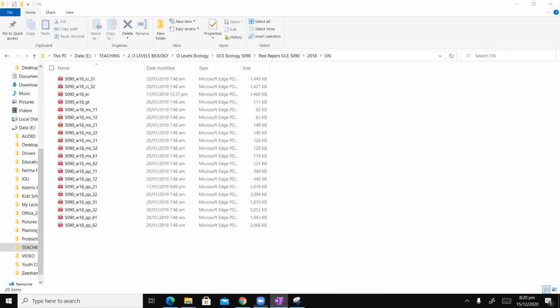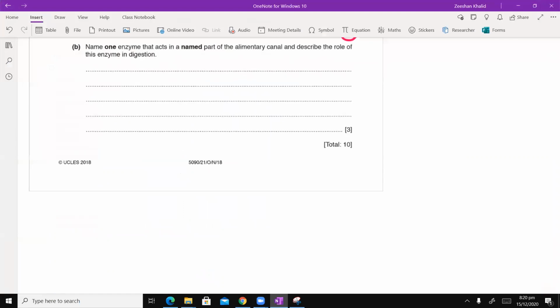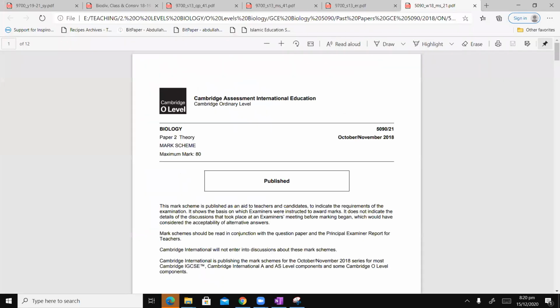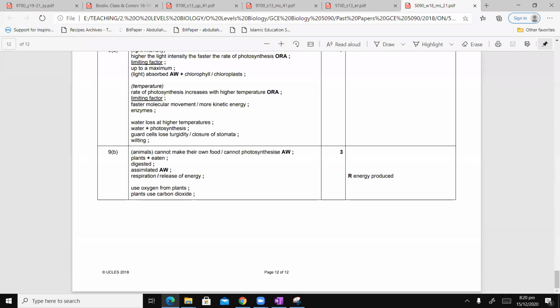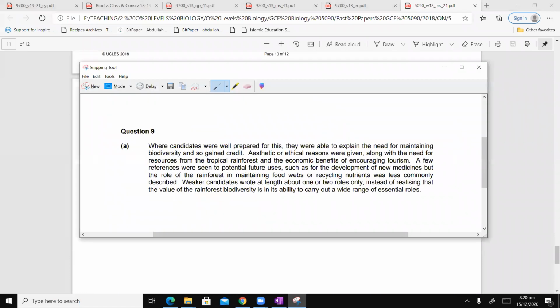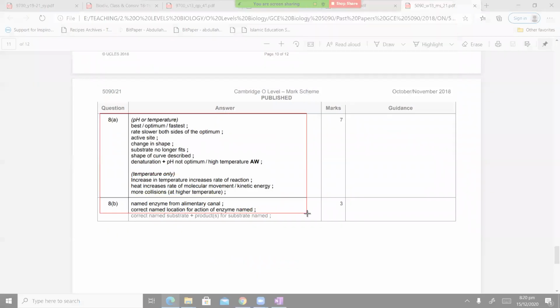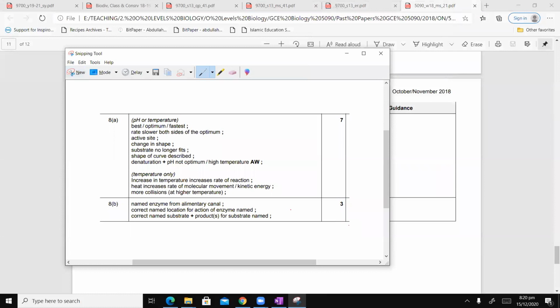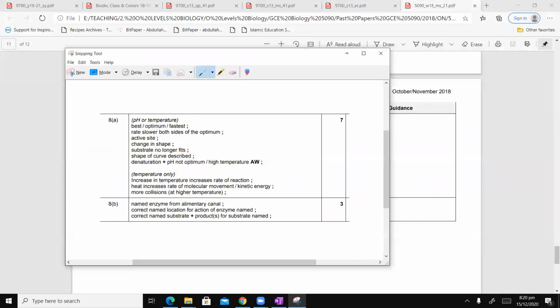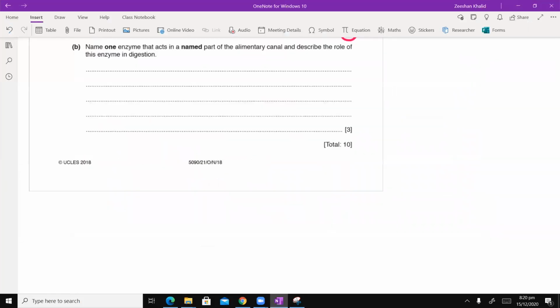Which variant is it? 2-1. Okay. And the question, if I'm not wrong, is question number 8. Okay, quickly, let me cut it out and paste it over there. Save as. Okay, great. So there you go.